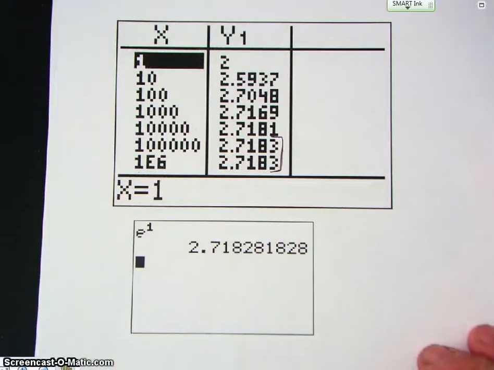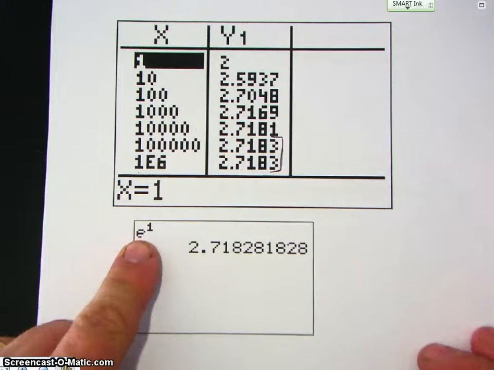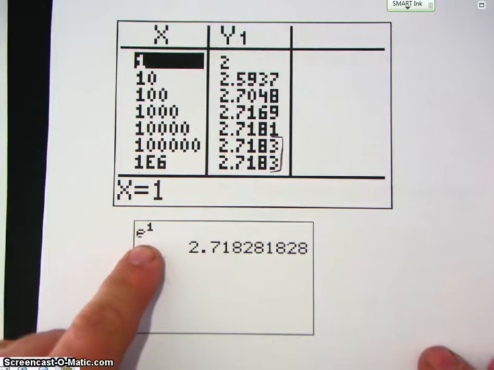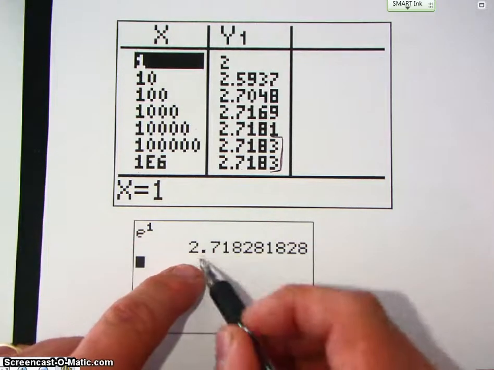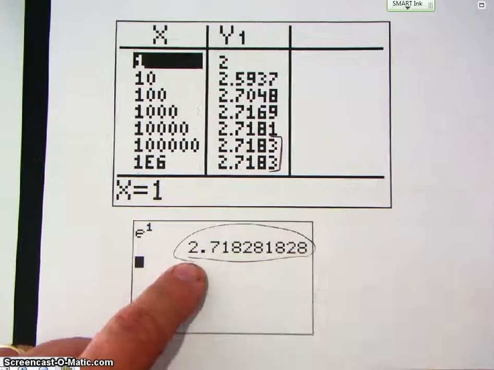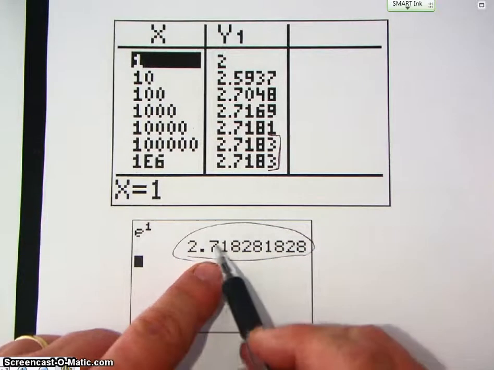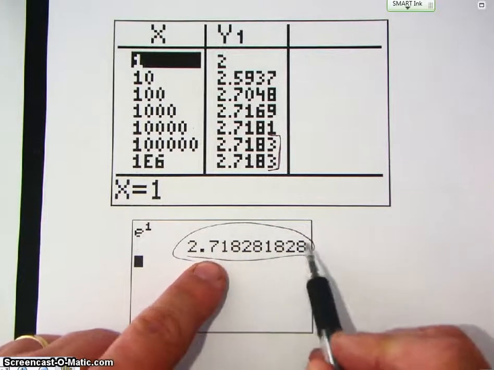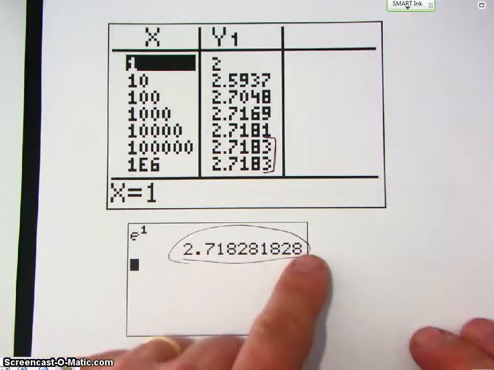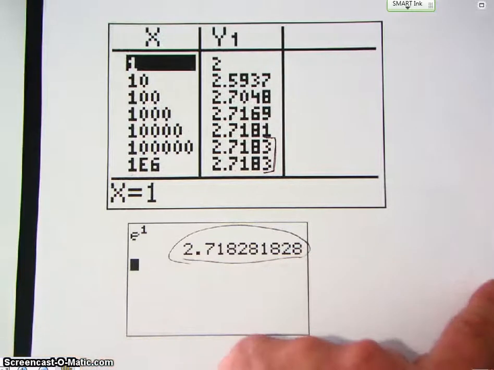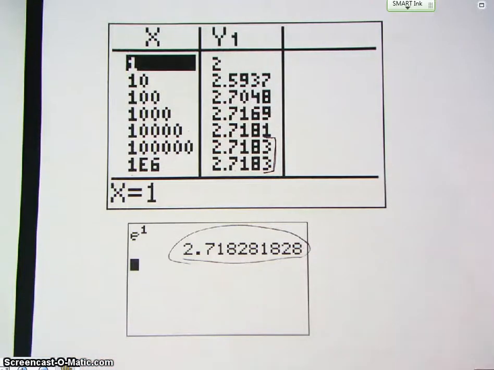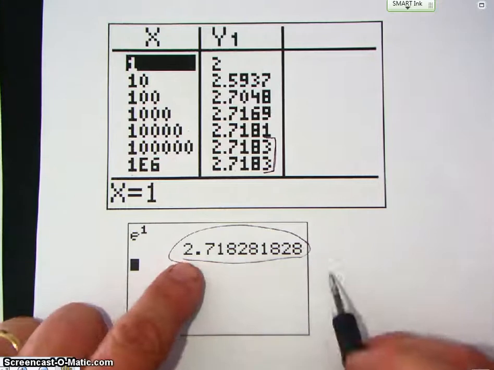That's why it's irrational. If I take E to the first power, just E on the calculator, this is as much as the calculator will give me: 9 decimal places. The thing is, it goes on forever. So I can't write E as a number because it's impossible.